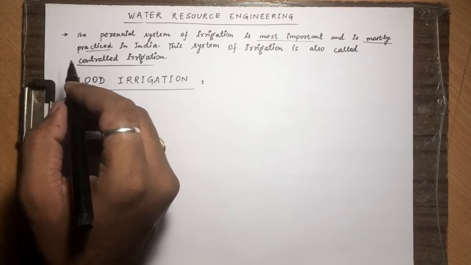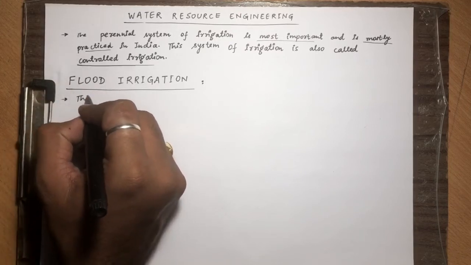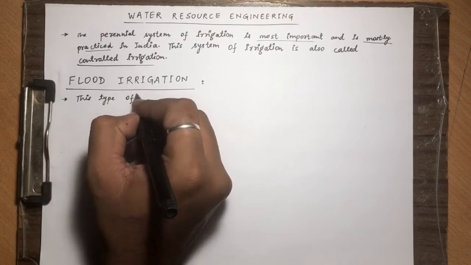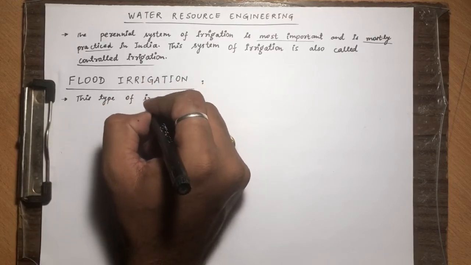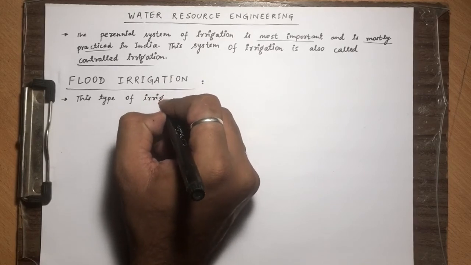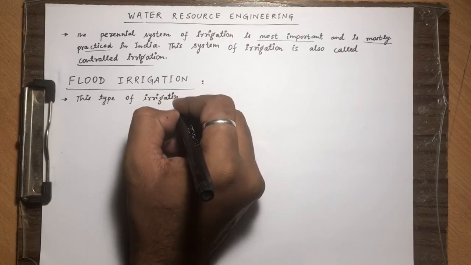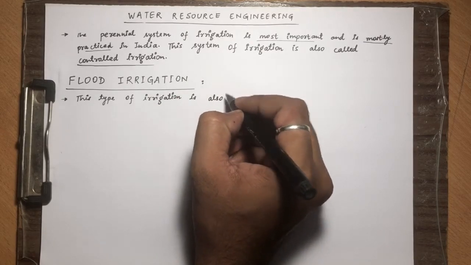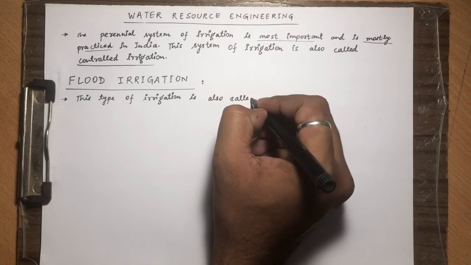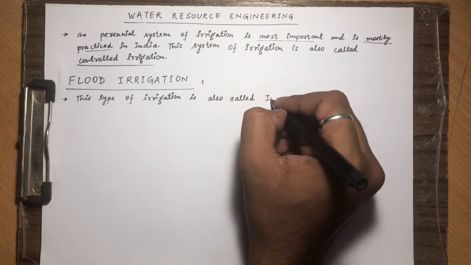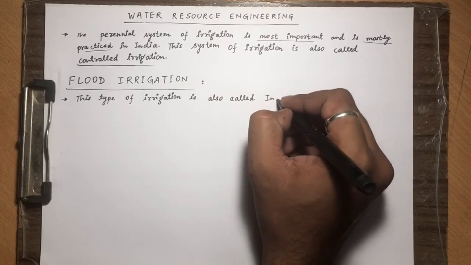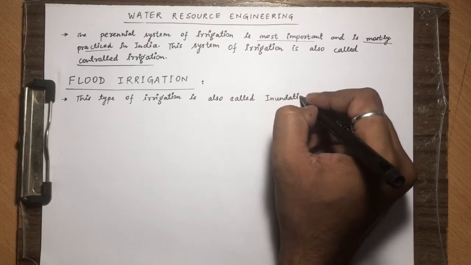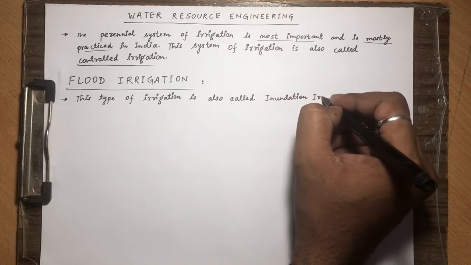So first point is this type of irrigation is also called inundation irrigation.